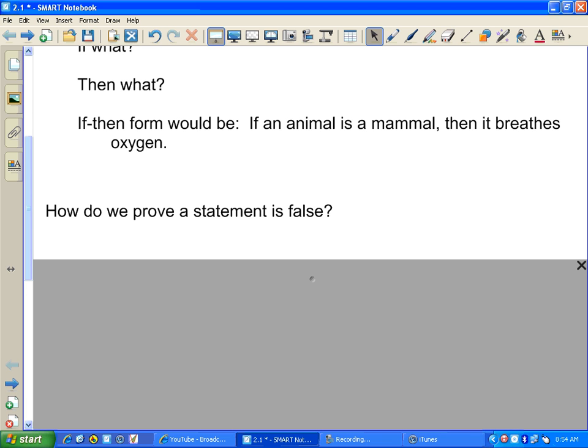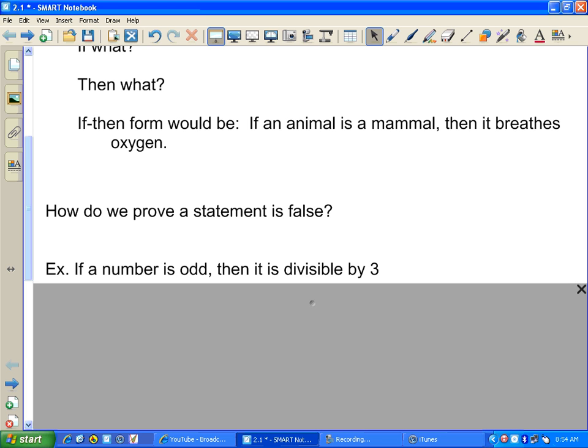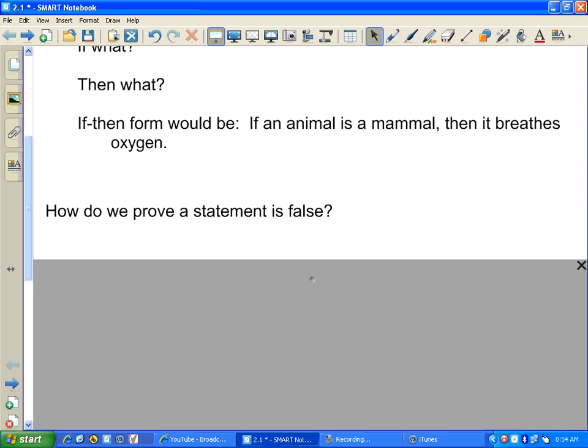So if I can find one example of an animal that's a mammal that does not breathe oxygen, then that would be what's called a counterexample to this statement. I only need one of those. I need one counterexample.